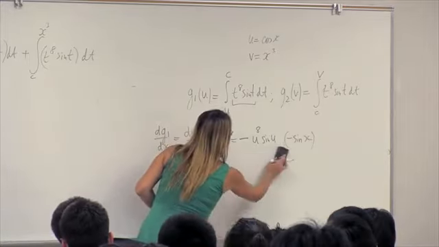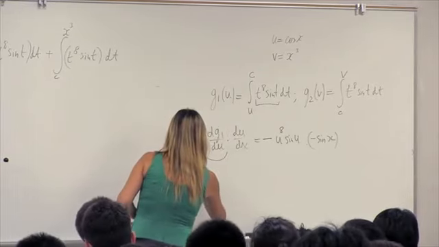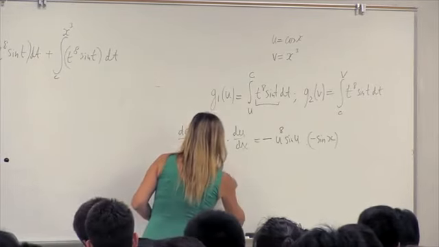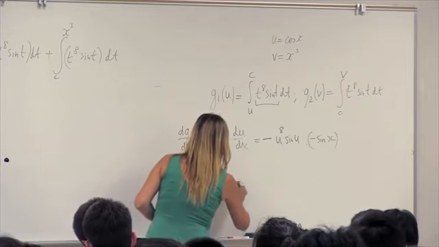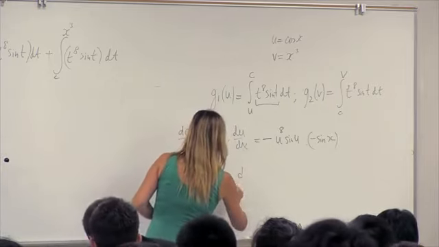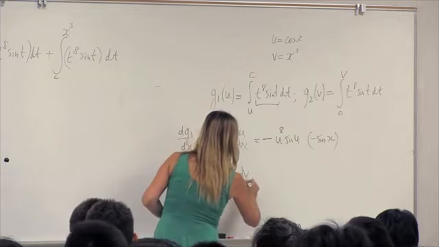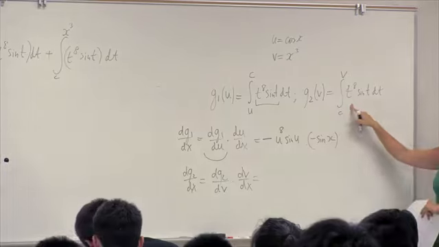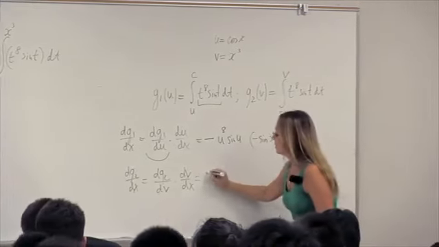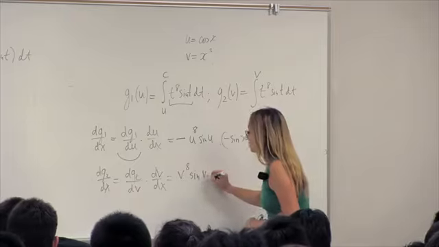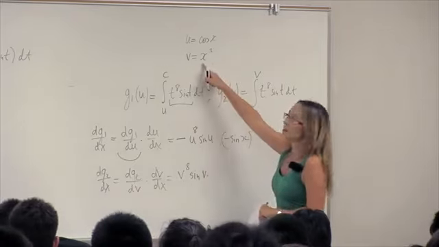The second one, dg2/dx, is dg2/dv times dv/dx. I'm dealing with this function. So again, it's v to the 8 sine v. What's dv/dx? I have to look here.